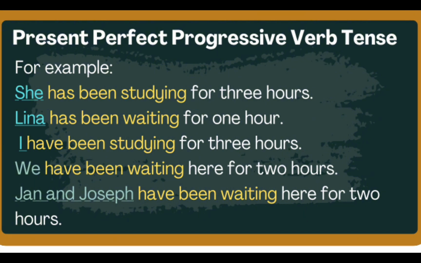Jan and Joseph have been waiting here for 2 hours. So all you have to think about here is that has and have are for the present, and the action started in the past, is still ongoing, and may continue in the future. That means they could still be there sitting and still waiting.